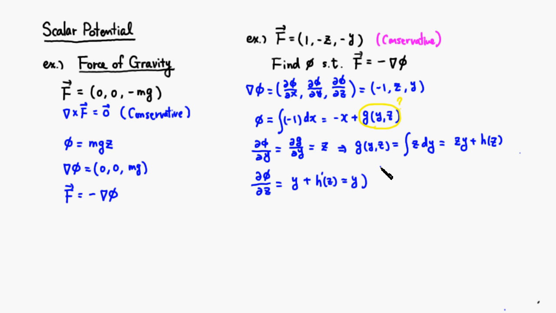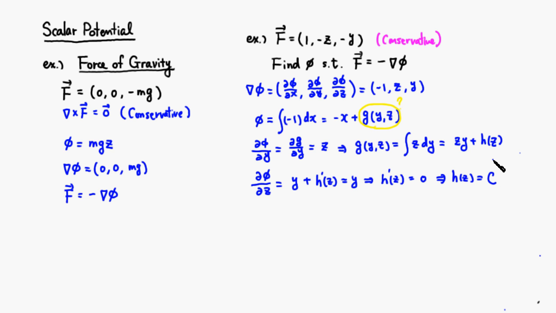So this tells you that h prime of z is equal to 0, which means that h of z is going to be some kind of constant.